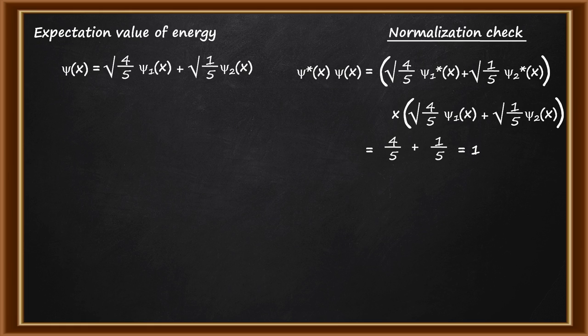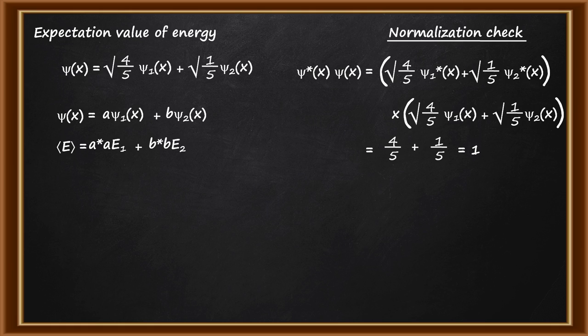So first of all, when you calculate the expectation value of energy, if you have a given wave function of the form psi(x) = a psi1(x) + b psi2(x), the expectation value of energy will be equal to a star a E1 + b star b E2.